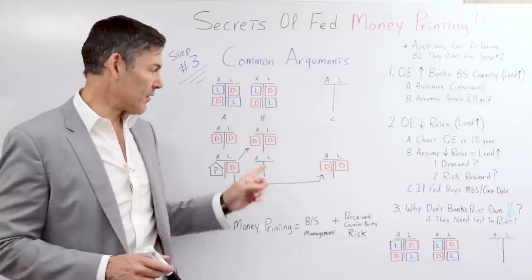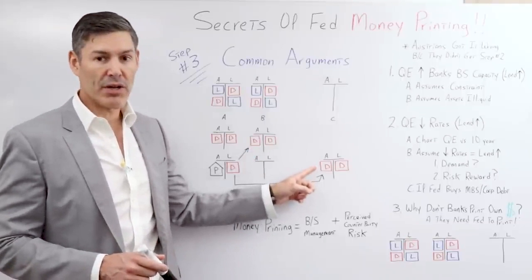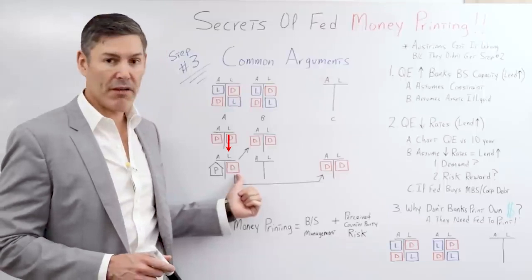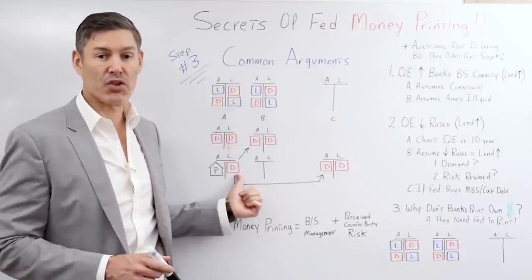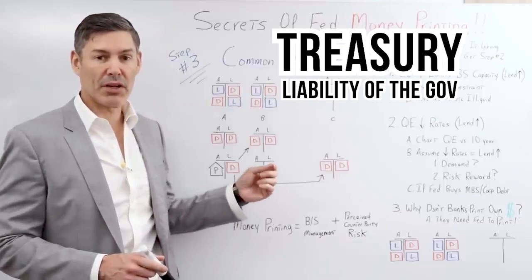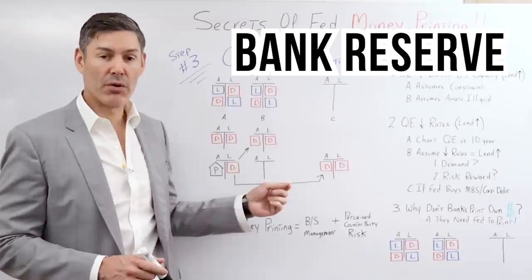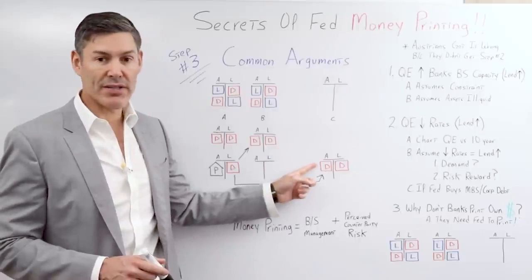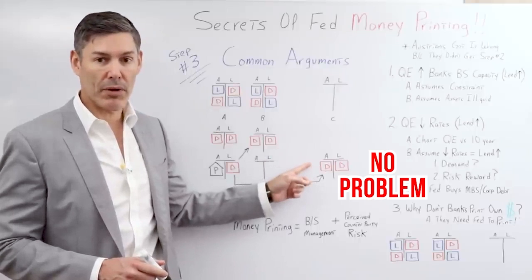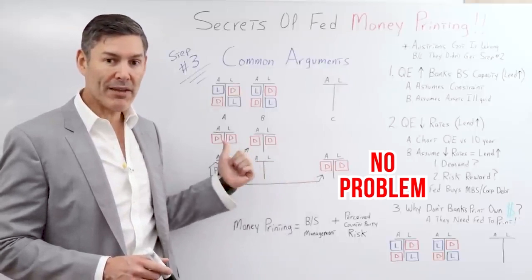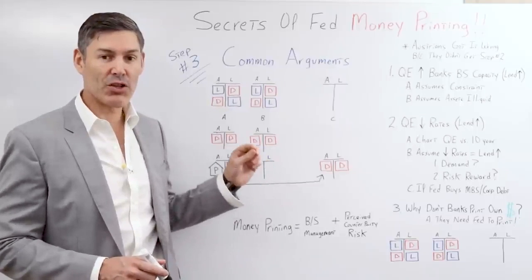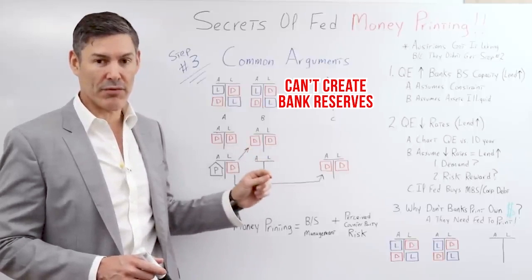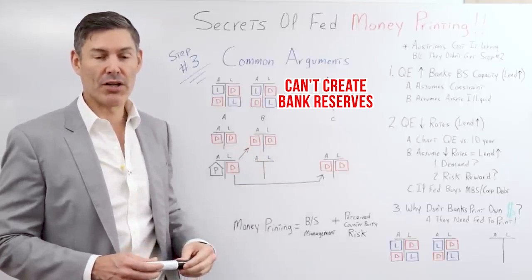But notice, if the transferring asset had not been a liability of Bank A, let's just say it was a treasury, so a liability of the government, or a bank reserve, which is a liability of the Fed, they would have taken the transaction no problem. But the banks that are in cahoots can't create bank reserves, nor can they create treasuries.